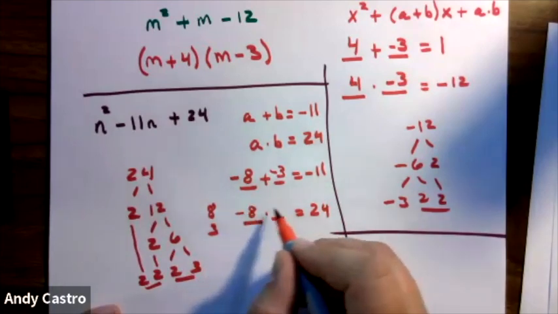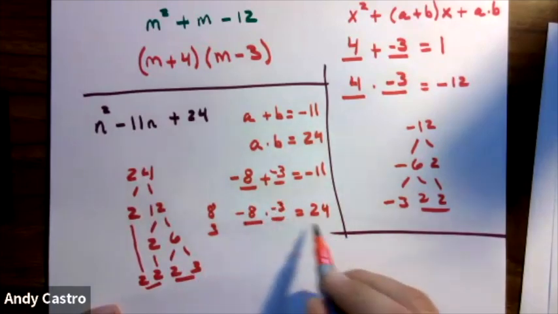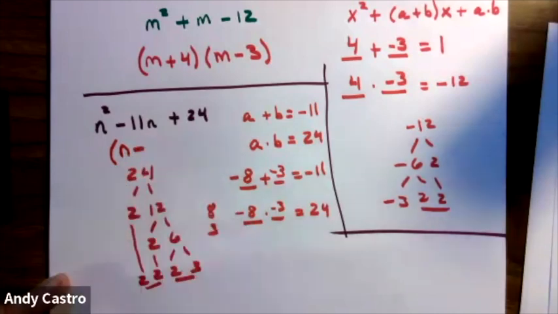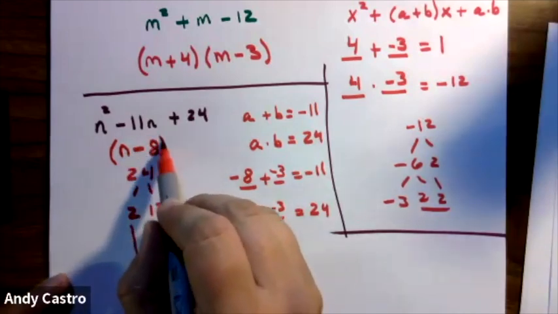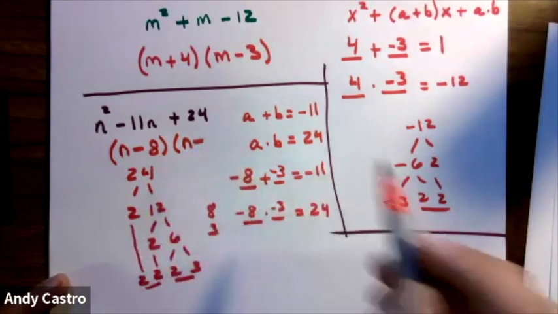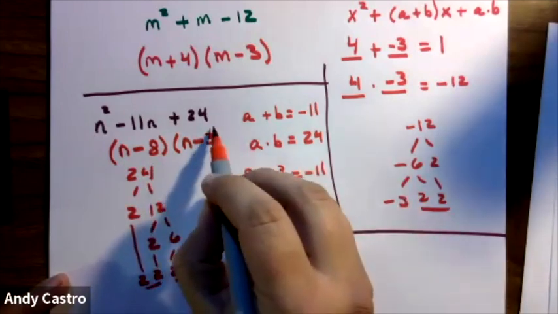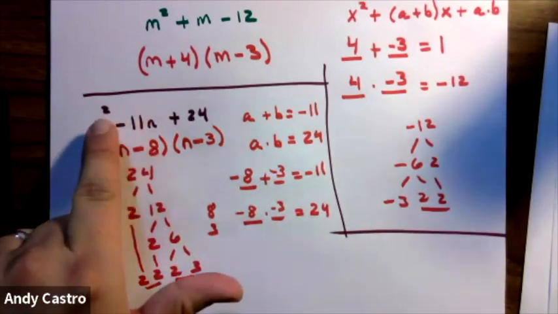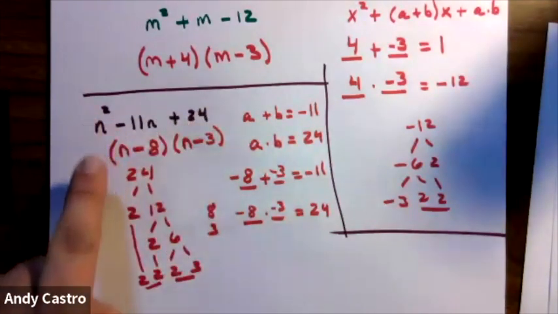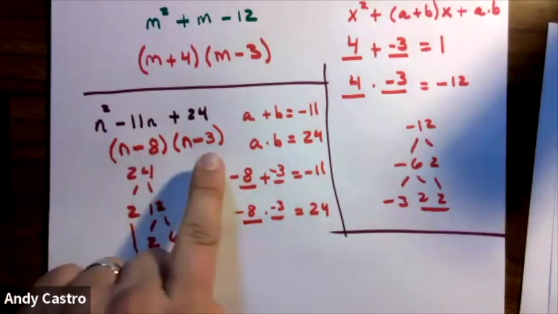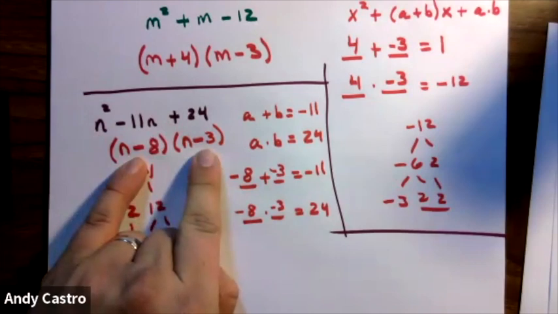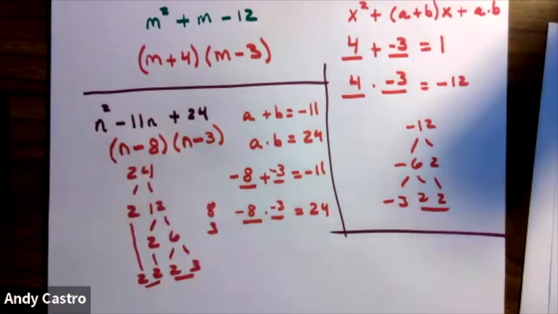And if I multiply negative 8 and negative 3, that gives a positive 24. So this ends up being n minus 8 times n minus 3. So this is called factoring. I'm taking a quadratic and I'm factoring it down into two binomials, a trinomial to two binomials multiplied together.